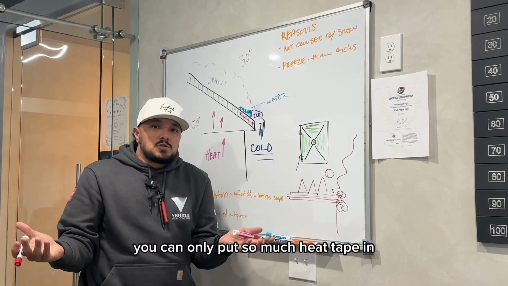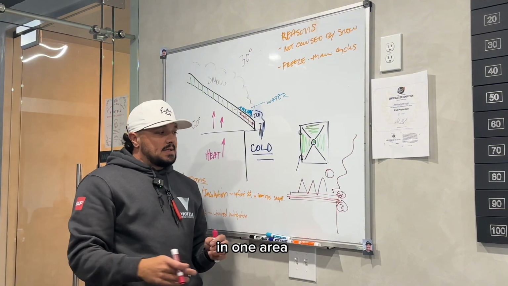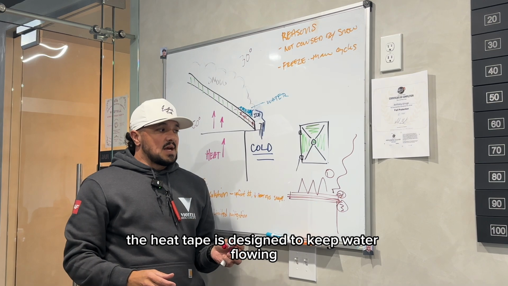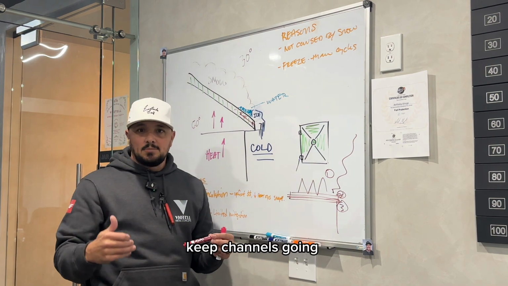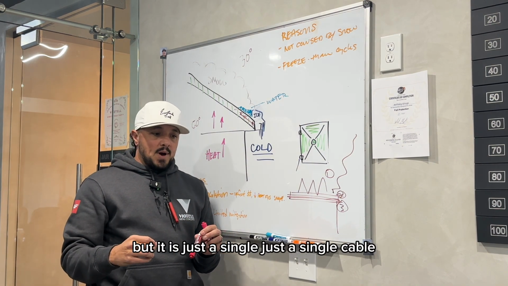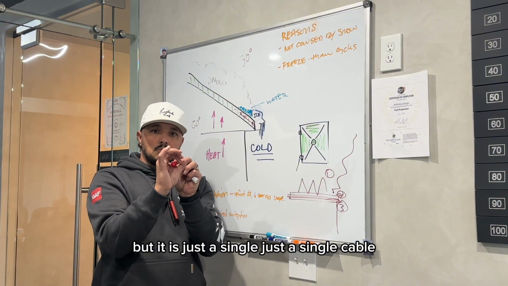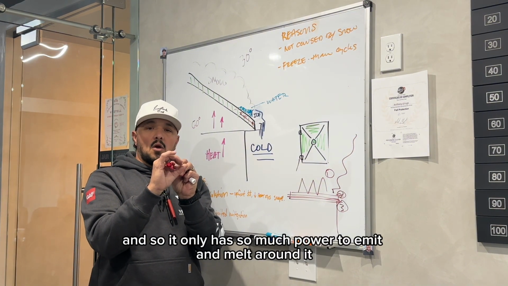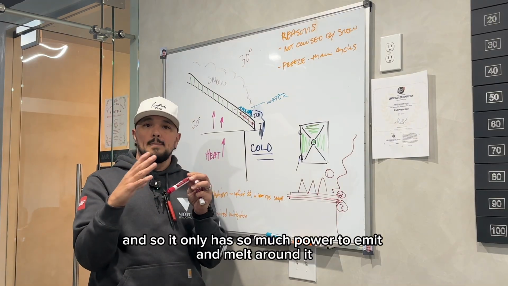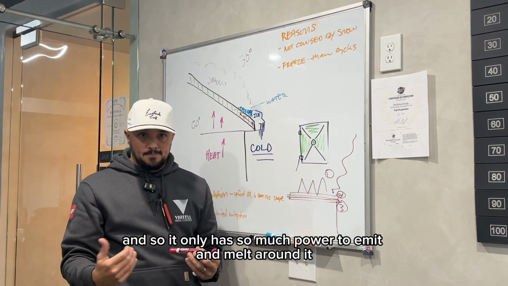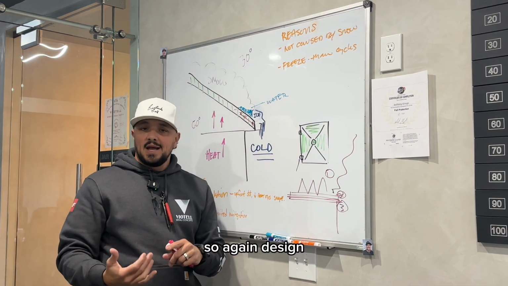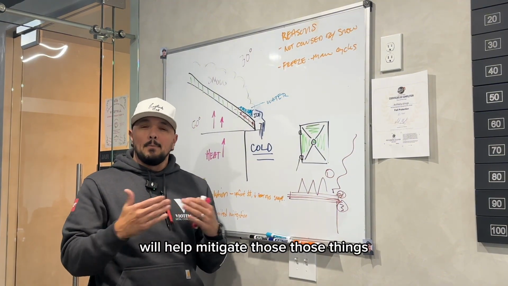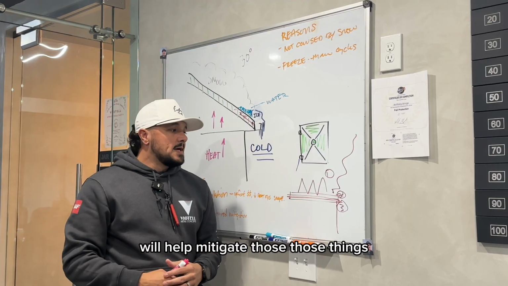Well, you can only put so much heat tape in one area, first of all. And then second, the heat tape is designed to keep water flowing, keep channels going, but it is just a single cable. And so it only has so much power to emit and melt around it. So again, making sure that it is appropriately laid out will help mitigate those things.